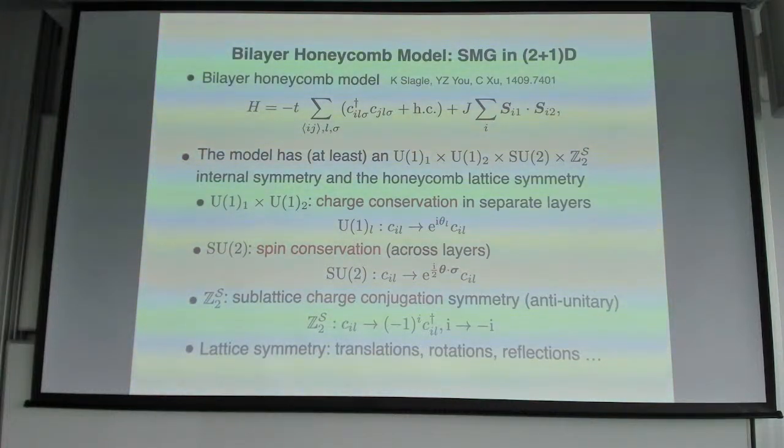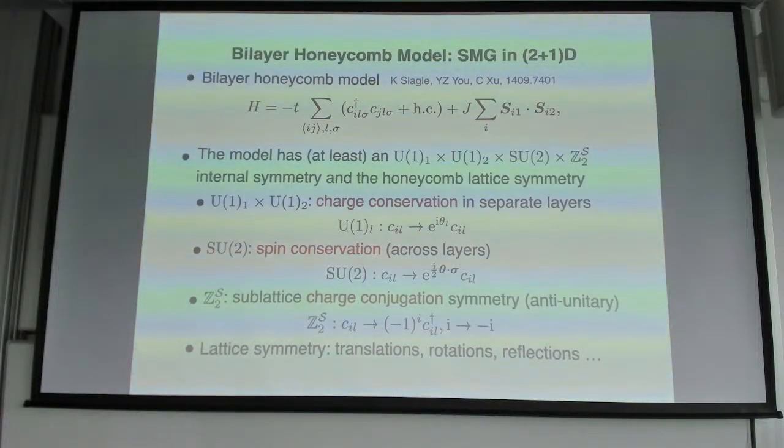And then there's also a very interesting Z2S, which is the sublattice charge conjugation symmetry. What it does is that it takes the fermion operator to its complex conjugate, to its C dagger, basically, but it's also an anti-unitary transformation that takes the imaginary unit to minus. The details are not important, I'm just explaining things. And there's also lattice symmetry, of course.